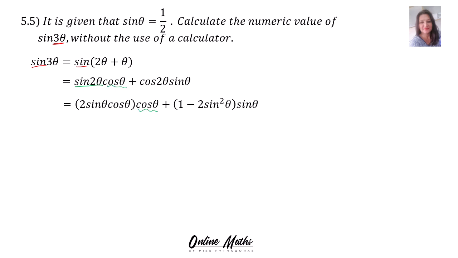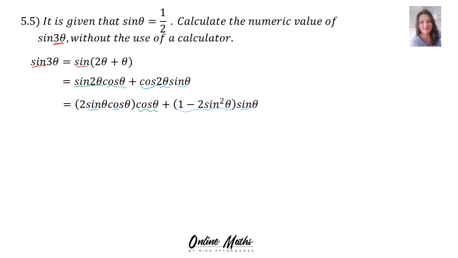And then on the other side of the plus, we have a cos 2 theta. You have 3 options there. So now let the rest of the sum guide you. On this side there's a sin and a cos, so I use the one that has the sin. It really doesn't matter. I wrote cos 2 theta as 1 minus 2 sin squared theta, and then there's this sin theta.